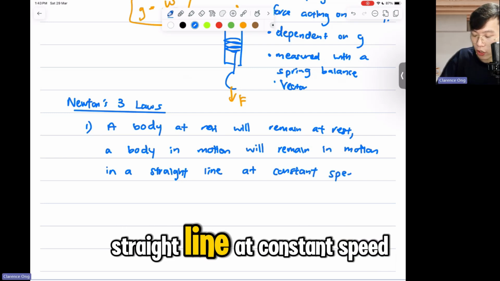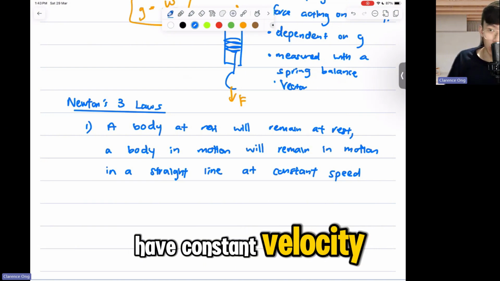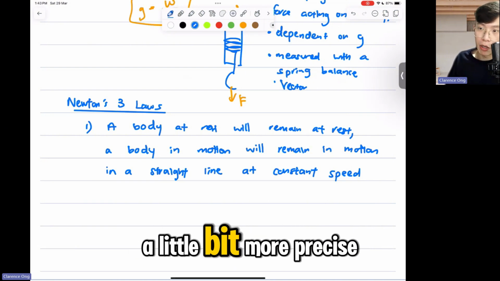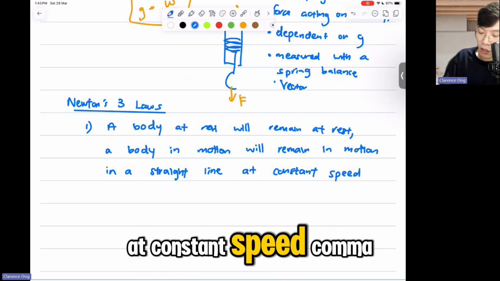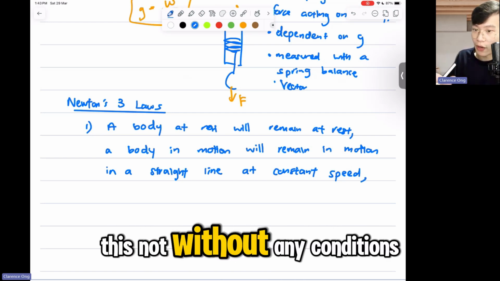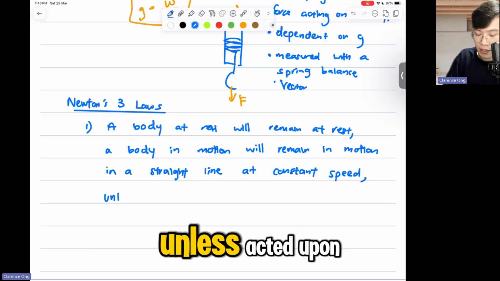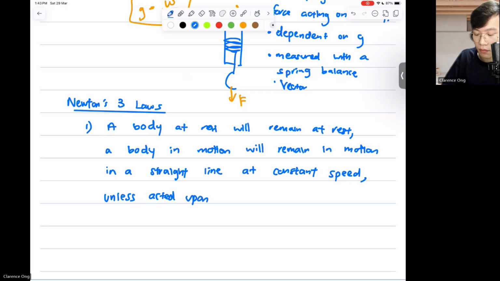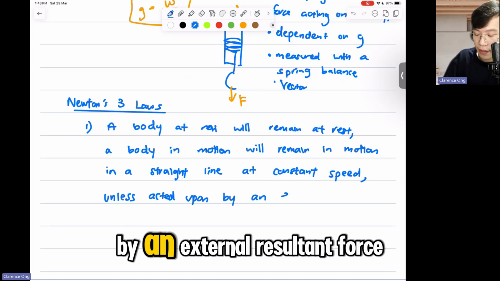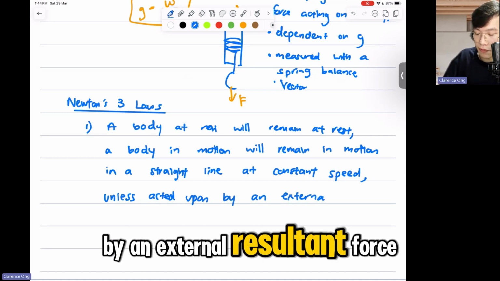When you move in a straight line at constant speed, it just means that you have constant velocity. But we try to be a little bit more precise. A body in motion will remain in motion in a straight line at constant speed, but this is not without any conditions, unless acted upon by an external resultant force.